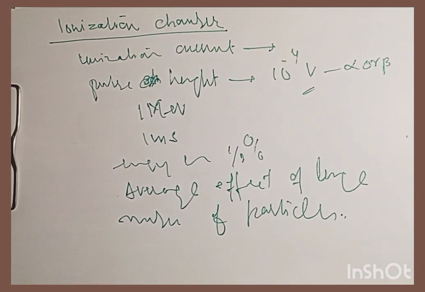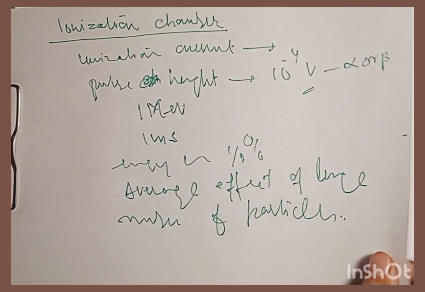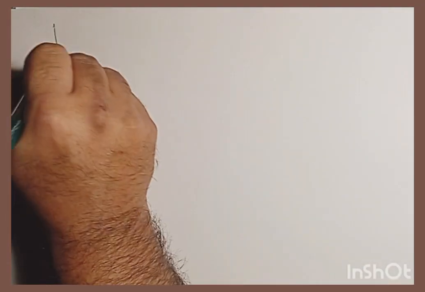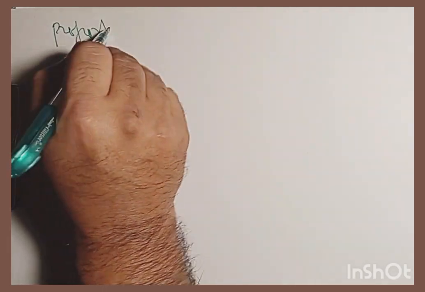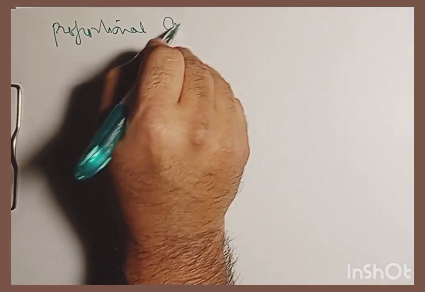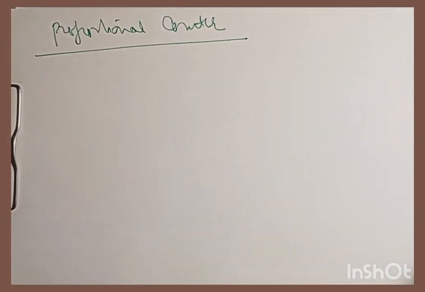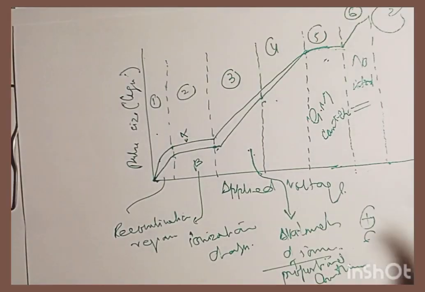So, to move on from here, let's go with another detector that we have, and we call it a proportional counter. This proportional counter works in the proportional region, region 3 here.